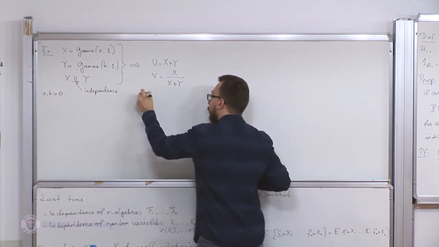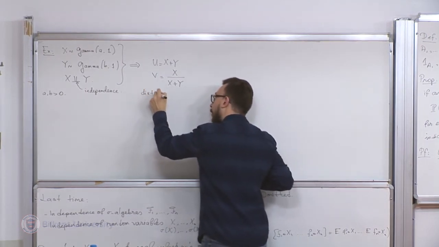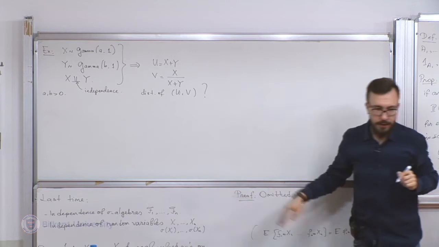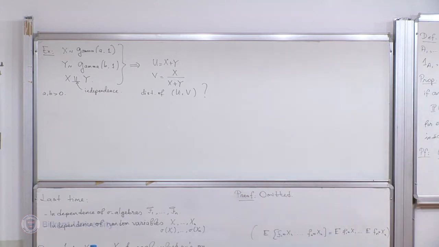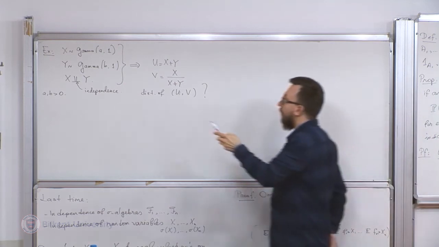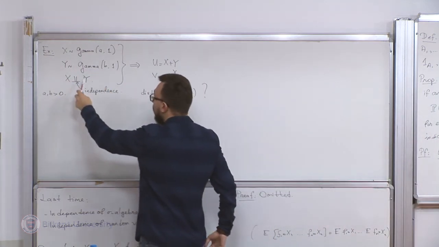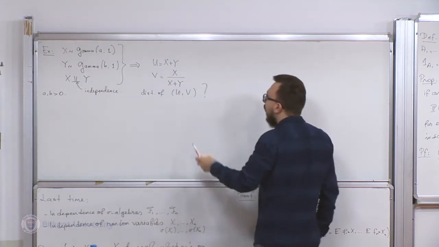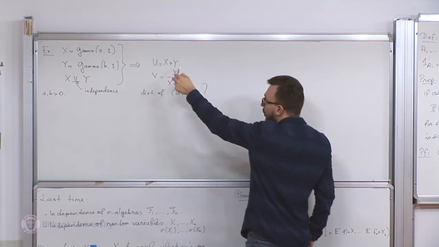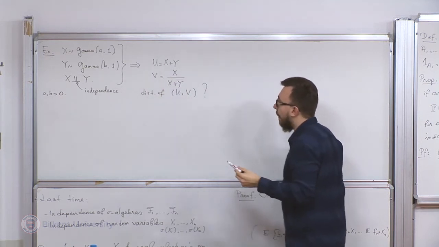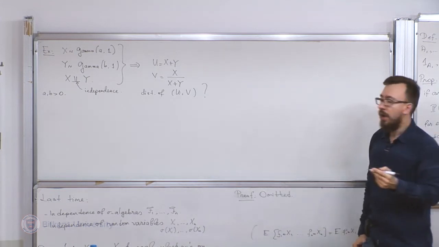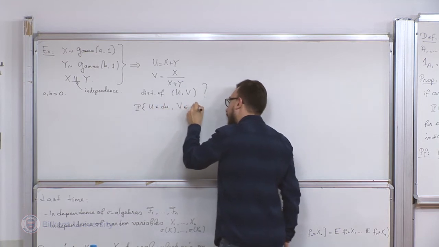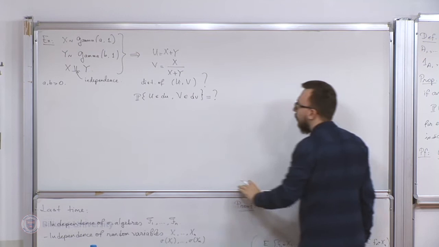So what is the joint distribution of (U, V)? In other words, we are given the distributions of X and Y, and since they are independent, we also know their joint distribution, just the product of the individual distributions. And now we look at the sum and this ratio. So U and V form a random vector, right? What is the distribution of that? So what is the probability of U in du and V in dv? This is the question.